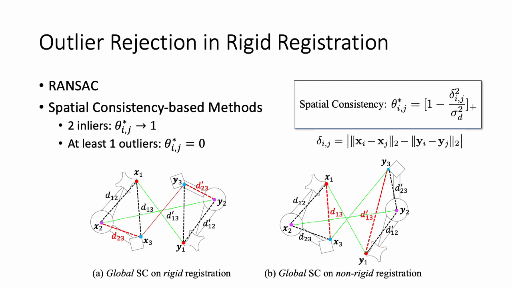However, in non-rigid registration, the global spatial consistency does not hold anymore, especially between two inliers far from each other, such as x1, y1 and x3, y3 on the right, because the points in different parts of the scene could follow inconsistent movements.